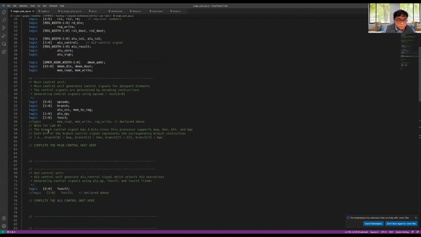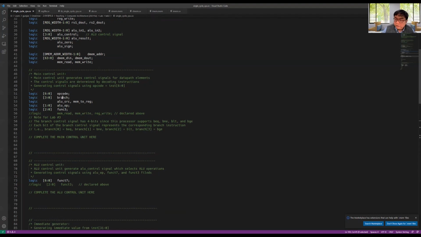For this single cycle processor design, this processor needs to support the additional branch instructions here. Actually in the textbook, the branch control signal is a single bit signal, but our processor needs to support the additional three branch instructions. So I modified the branch control signal, and this branch control signal has 4 bits.